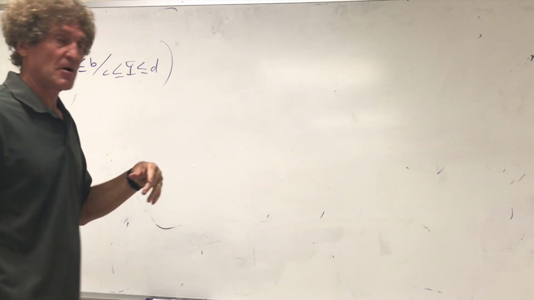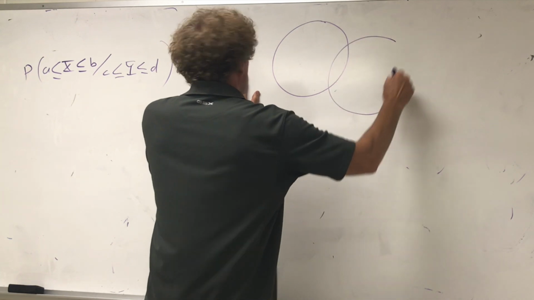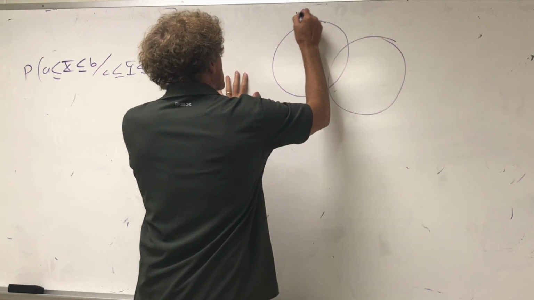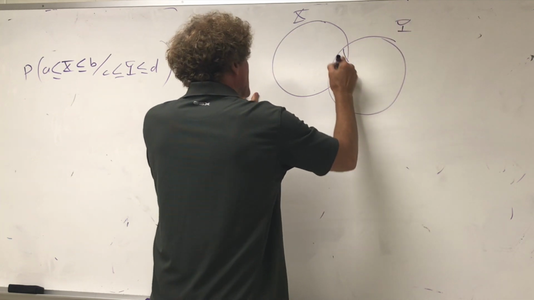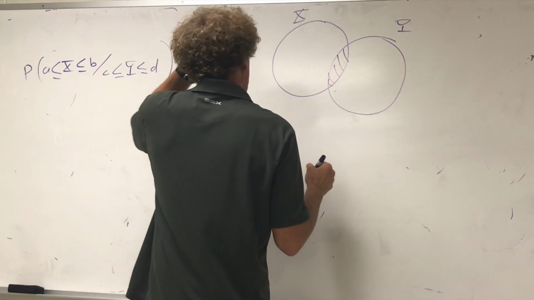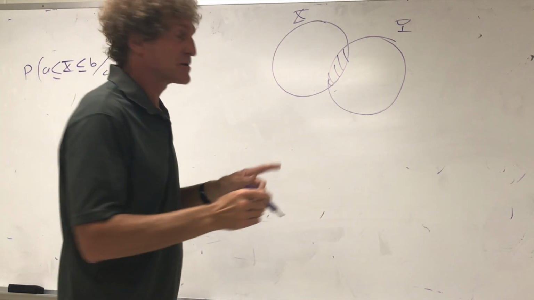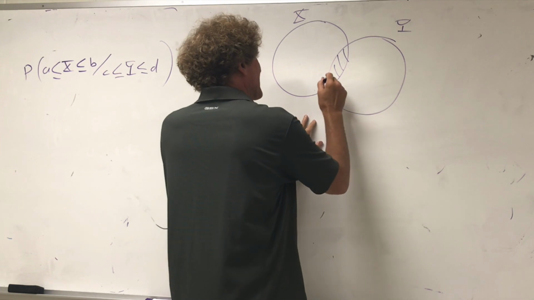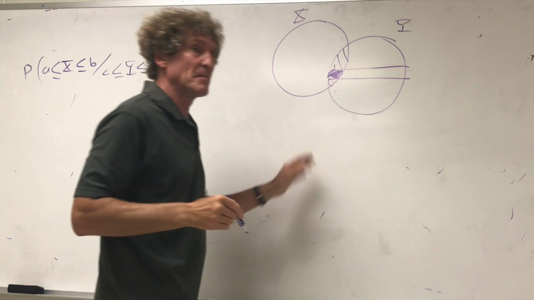So I'm going to try to draw a Venn diagram. Let's hope I get this right. So here's x, and here's y, and here's the adjoining areas. And I say y is between c and d. This is where it gets a little hard. So where is that area? Well, it could be in here. Can you follow me?